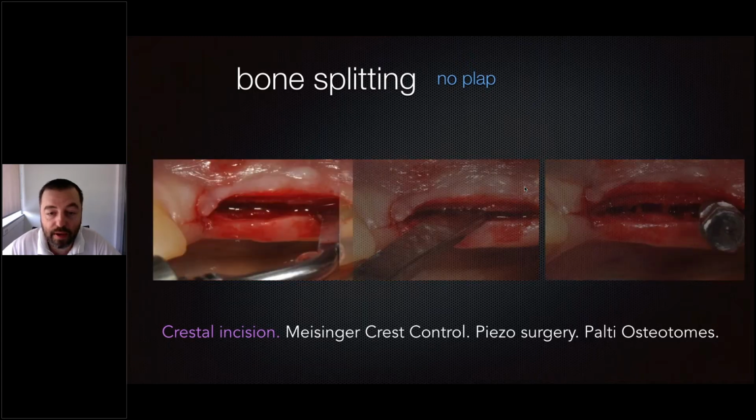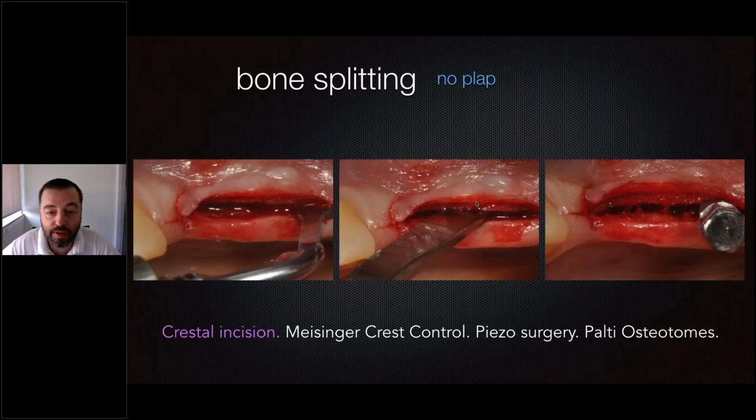Then we enlarge everything from the interior without touching at all the periosteum, and we can also use the Meisinger crest control or similar systems to enlarge from the interior the, let's say, minimal invasive fractured crest.